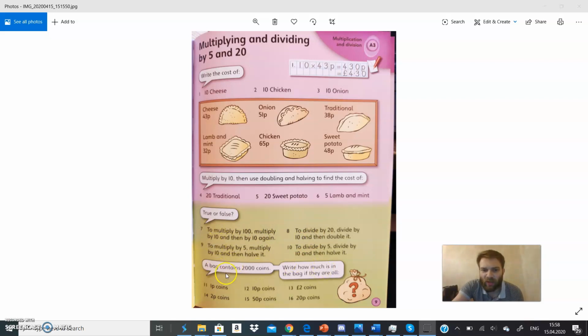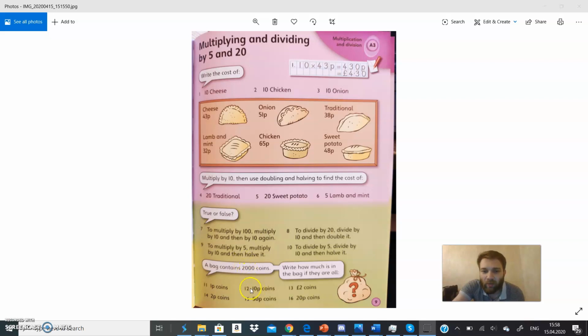So the last one, a bag contains 2,000 coins. So how much money is in the bag if all of them are 1 pence? So it's 1 pence multiplied by 2,000. This one is 10 pence multiplied by 2,000.